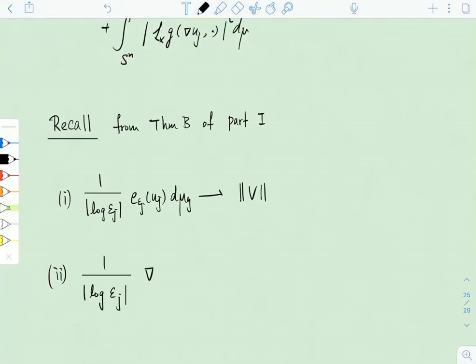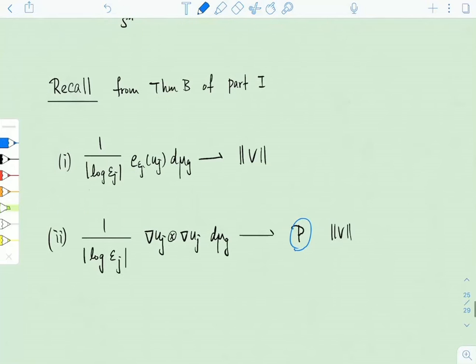So if you look at this tensor valued measure, then as j goes to infinity, it converges to a tensor valued measure, where at each point of the support, this projects orthogonally onto the normal space to your submanifold.